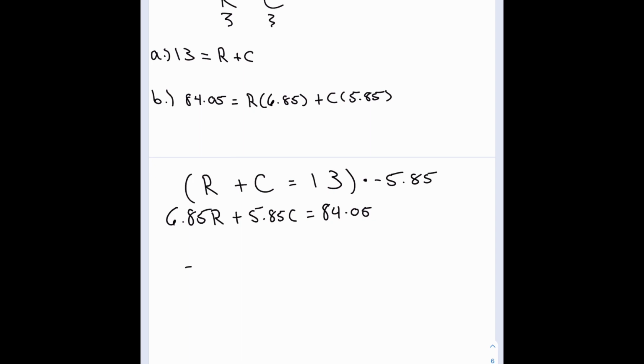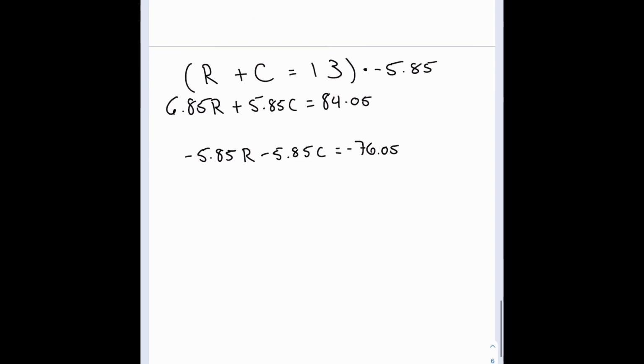And then that'll look like minus 5.85 R minus 5.85 C equals, then 13 times 5.85, if you give me 1 second with the calculator, will equal negative 76.05, and remember that's negative because we're multiplying by a negative number.